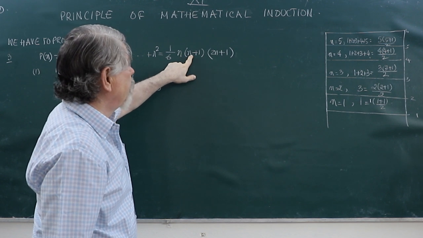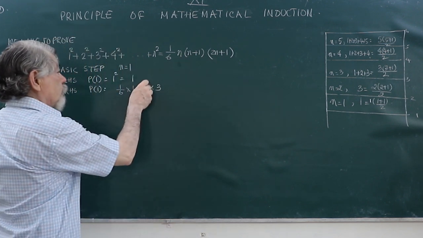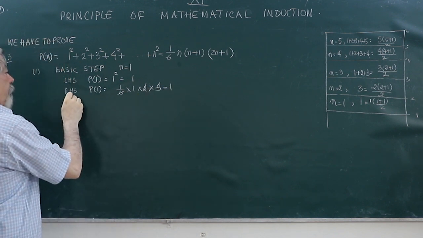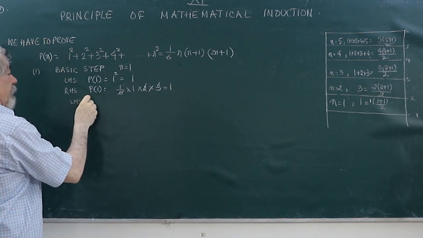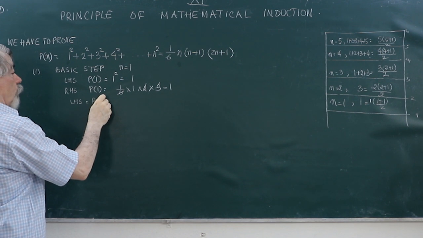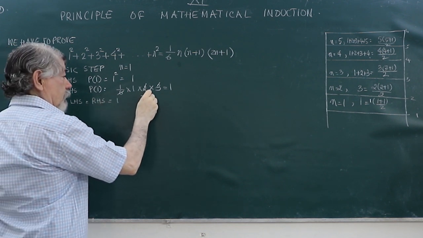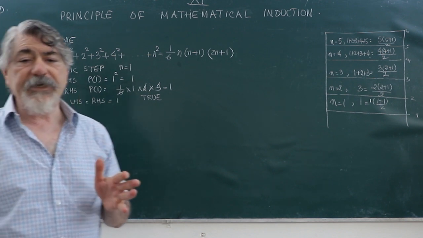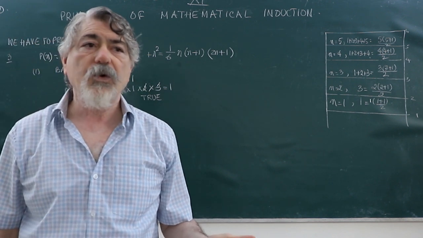So 1 into 2 into 3. 2 threes are 6 will cancel, you will get 1. So left hand side is equal to right hand side is equal to 1. So it is true for n is equal to 1. The given statement is true for n is equal to 1.